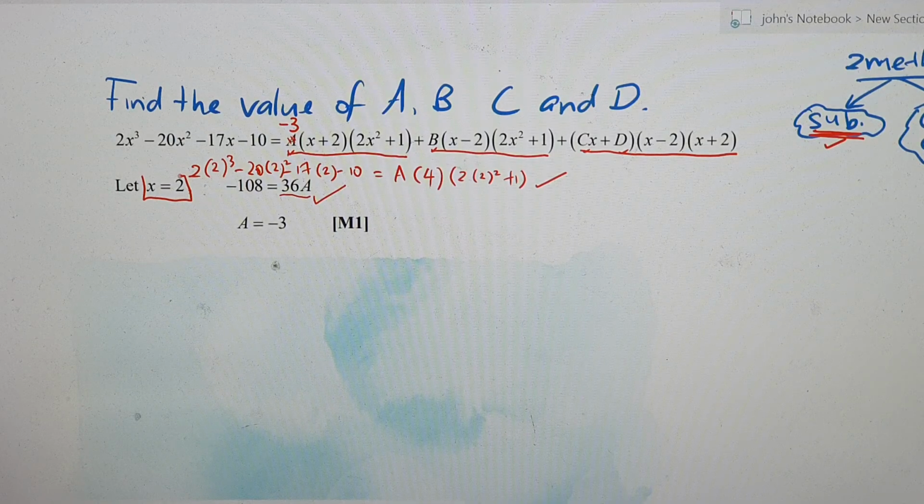So that is something we should remember. Now, if I now let x be minus 2, this thing will disappear again. This thing won't disappear, okay, but this will disappear because minus 2 plus 2 is 0. So this will disappear also, leaving only B. Okay, so you do the same thing.